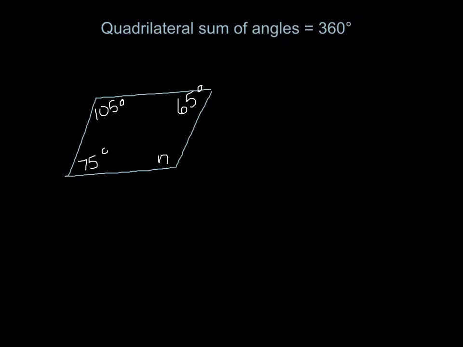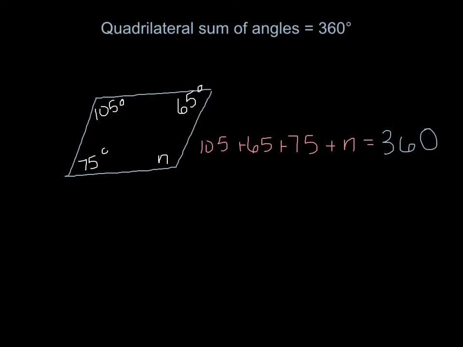So we would go 105 plus 65 plus 75 plus n equals 360. Because since we have a quadrilateral, we will have 4 numbers that you will be adding up that will equal 360. Now go ahead and add your like terms, which will be your numbers together.